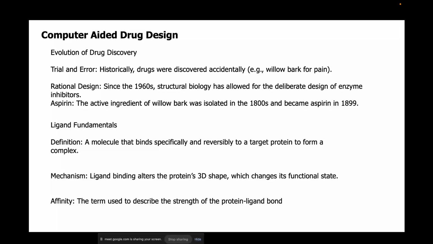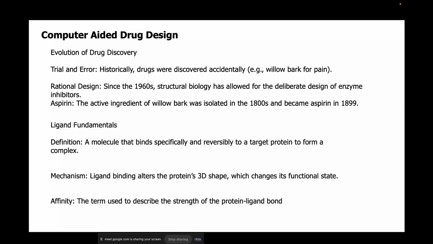biophysics in general, right? So historically drugs were discovered accidentally. We had natural sources for these drugs. You had quinine for malaria, and other naturally occurring drugs for different types of diseases. Since the 1960s, as we got to know the structure of proteins better, structural biology has allowed for the deliberate design of enzyme inhibitors.